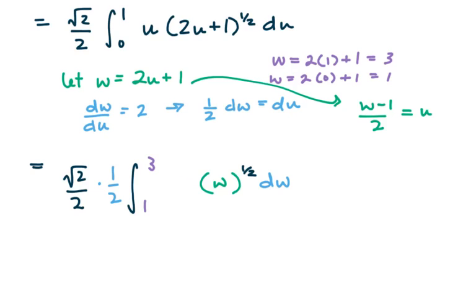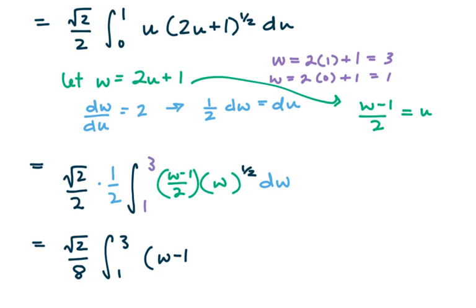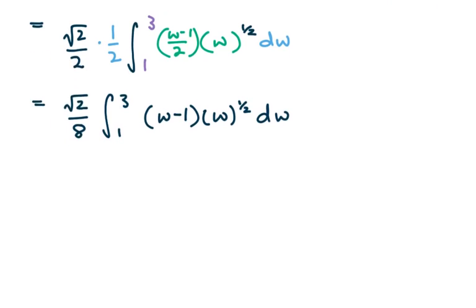So this piece right here is now w minus 1 over 2, which leaves me with, in front, root 2 over 8, 1 to 3, we have w minus 1 and w to the 1/2 power dw.